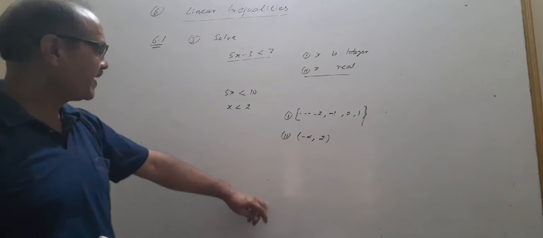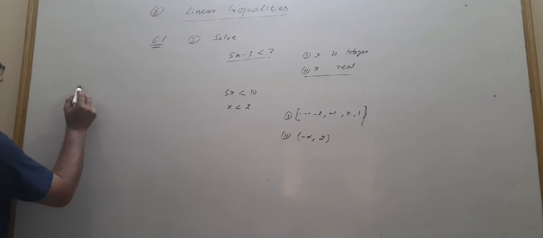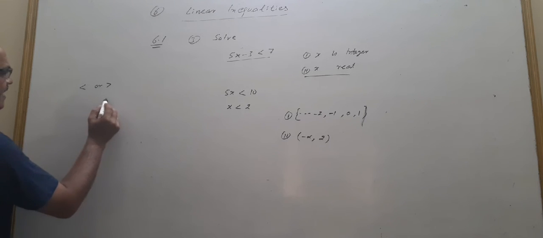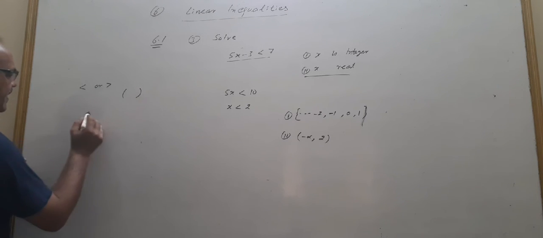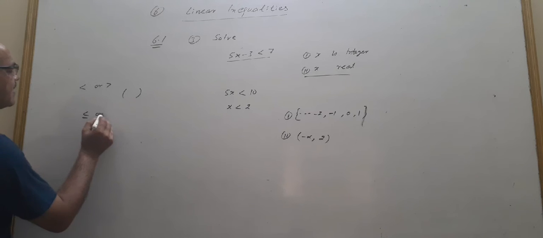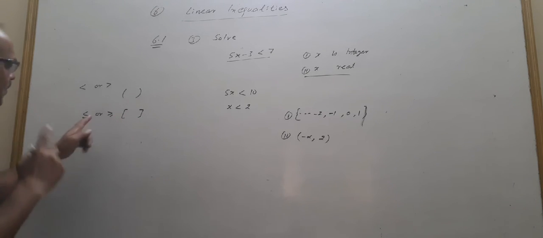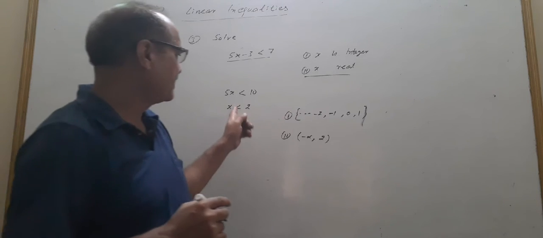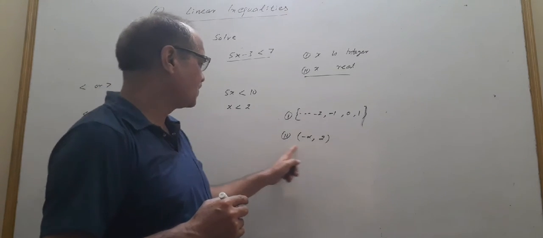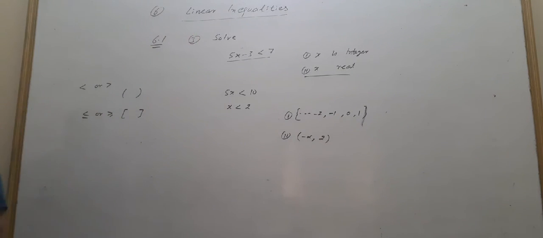You apply the open bracket because I told you that when the sign is strictly less or strictly greater, the bracket will be open. And when the sign includes equality, the bracket will be closed. It means boundary points are also included. Here, strictly less than 2 up to minus infinity.